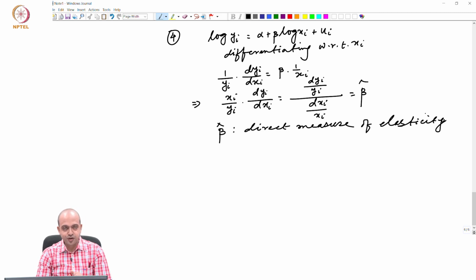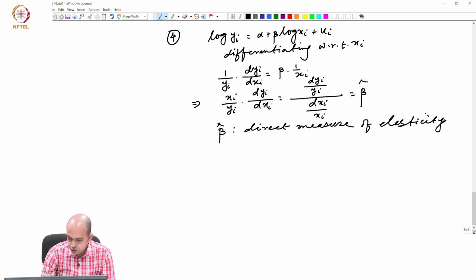This is a quite interesting and useful model. Whenever you are interested in estimating direct elasticity, transform the model into log-log, and from the log-log transformation you will get beta hat as a direct elasticity measure.